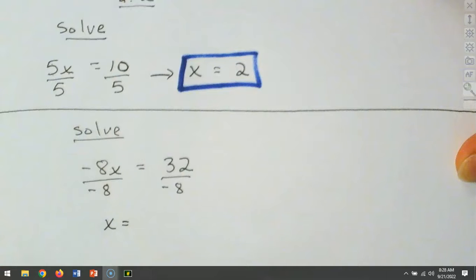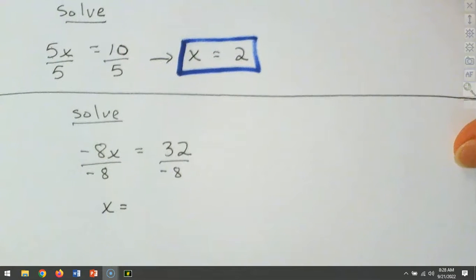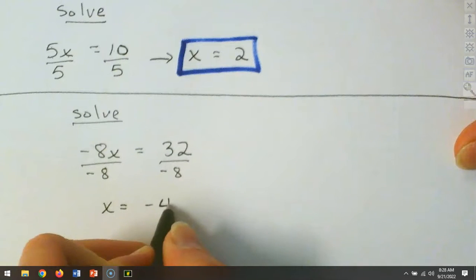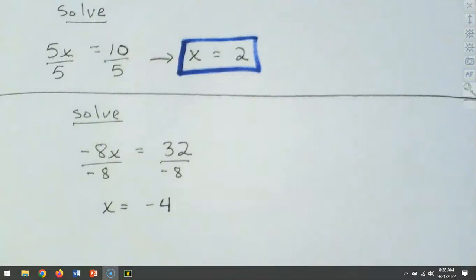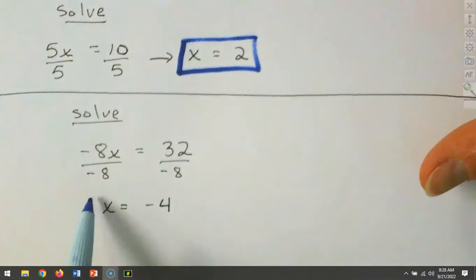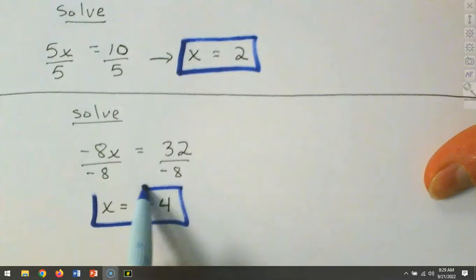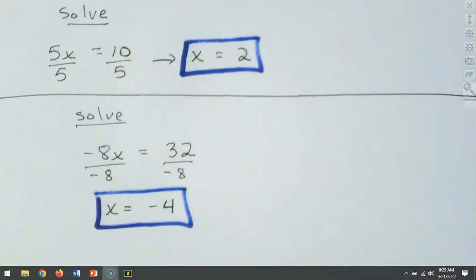And 32 divided by negative 8, what would that be? Positive or negative 4? Positive over negative makes it a negative. So that would come out to be a what? Negative 4, isn't it? Okay, so there's your answer on that. So if it's got a negative in front, you've got to divide by the negative.